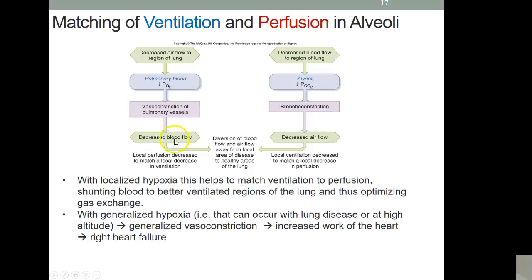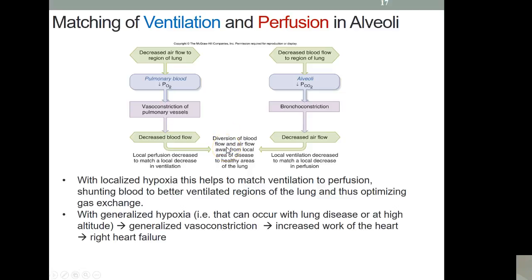And that's going to lead to decreased blood flow to that area. So local perfusion is going to be decreased, so blood flow is decreased in order to match that decrease in airflow. And this allows diversion of blood flow to better ventilated portions of the lungs.